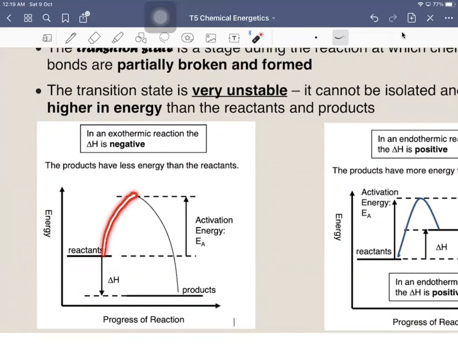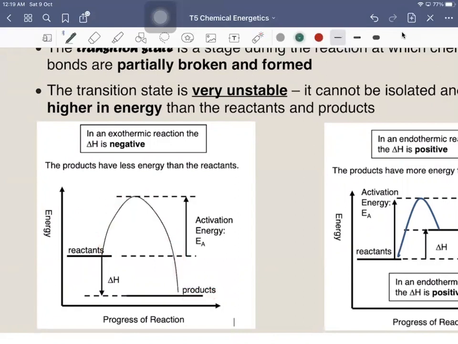In your notes, it says that the activation energy is the minimum amount of energy needed for the reactant molecules to have in order to start a reaction. Okay, so reactants need to overcome this minimum energy first. And once it has enough energy, then it can turn into products.